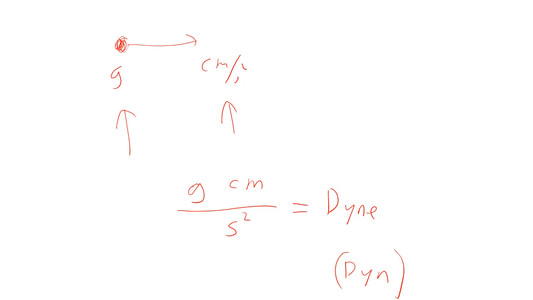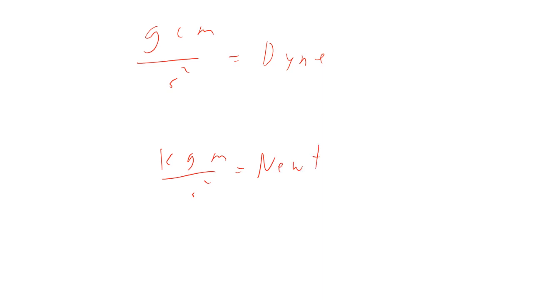You just take one letter off. That's not much of an abbreviation. Well, we have a gram centimeter per second squared as a dyne, and then we have a kilogram meter per second squared is a Newton.